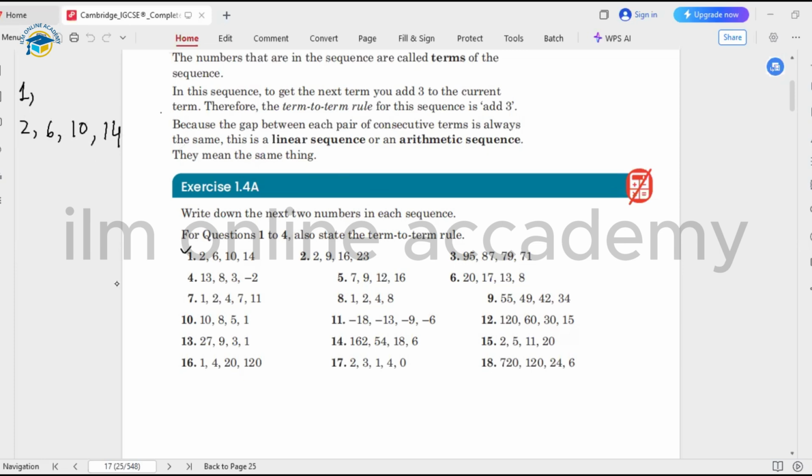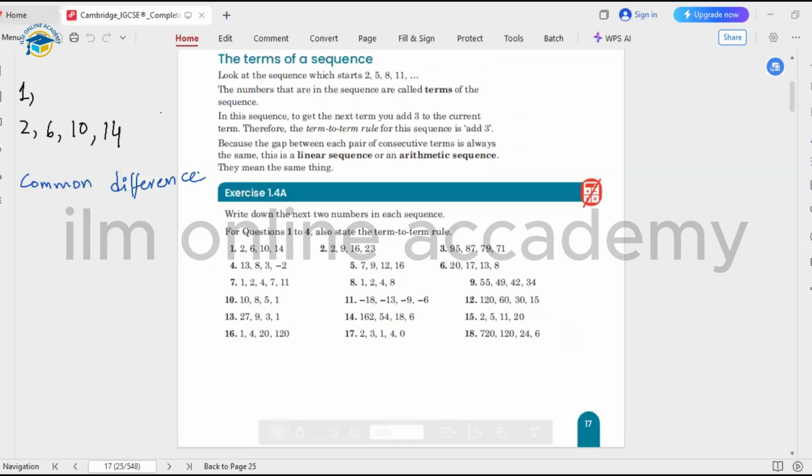First of all, you will find the common difference. You need to check not only for the first one, but for the others as well. Whenever we find the common difference, you will always subtract the first term from the second term.